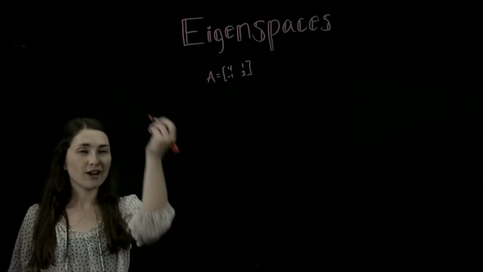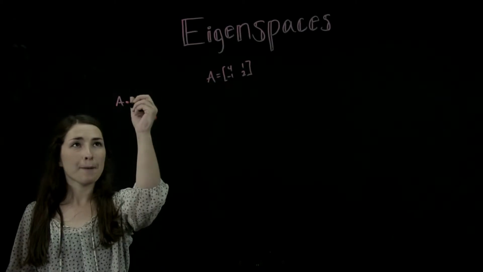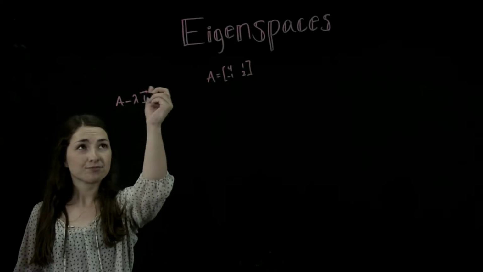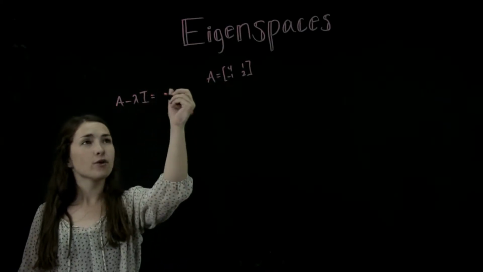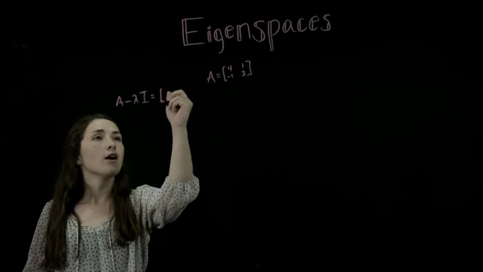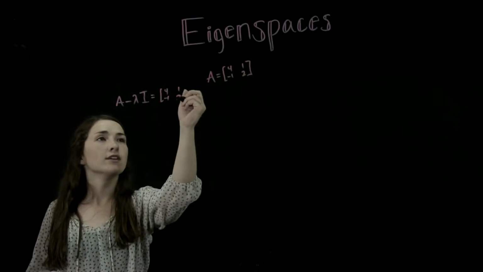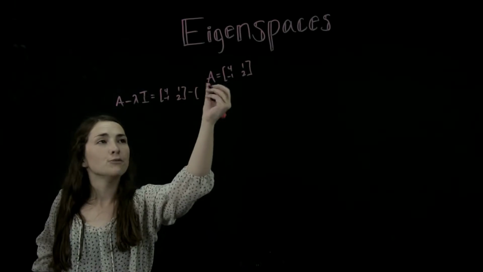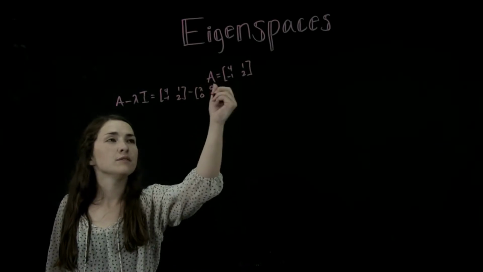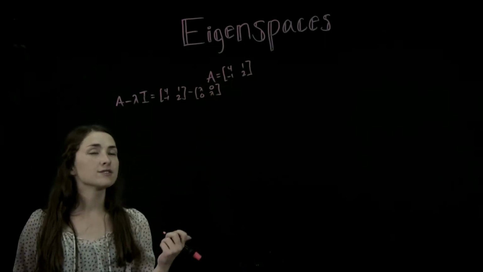So let's just go on over here. We first want to take A minus lambda I, and that is going to be equal to 4, -1, 1, 2, minus our 2 by 2 matrix with lambda down the diagonal and zeros everywhere else.